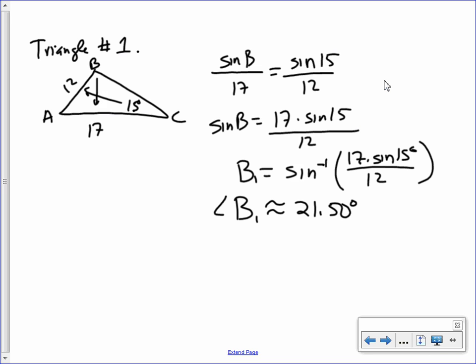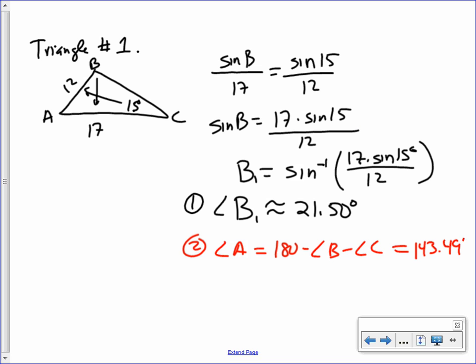Since we have angle B, that's the first thing, then you can find angle A, which is just 180 minus angle B minus angle C. If you subtract all of that, you should get 143.49. Stop the video and check my calculations for me.